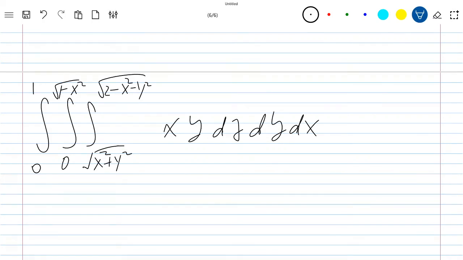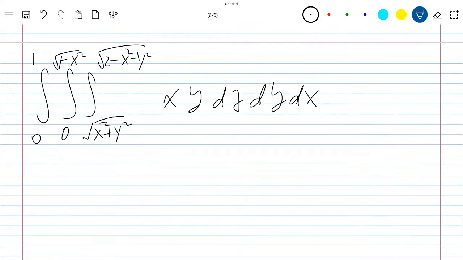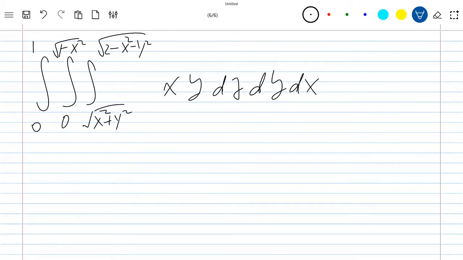Alright, so it's given in x, y, z, and as you can see, the limits are quite awkward because they have square roots, and more naturally they would be written in the spherical coordinates.